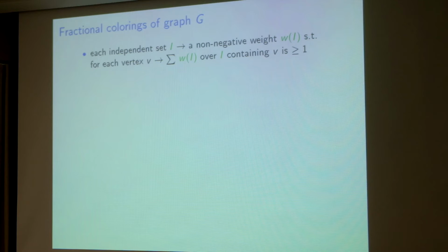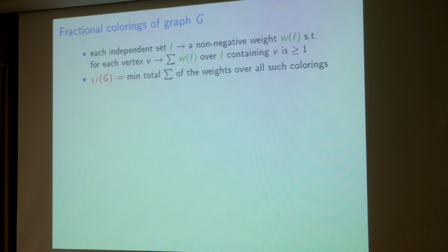But now we take a real relaxation of this integer program, and the fractional chromatic number of graph G is the minimum total sum of all the weights that you used for such a coloring. The weights are the variables, and for every vertex you get one constraint.